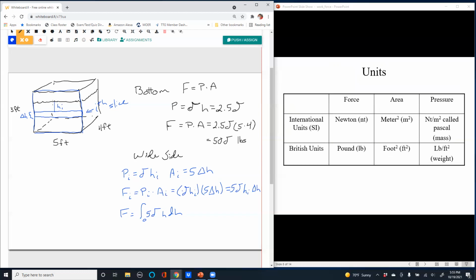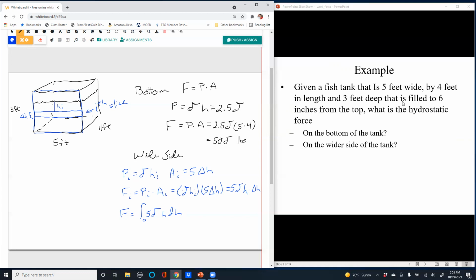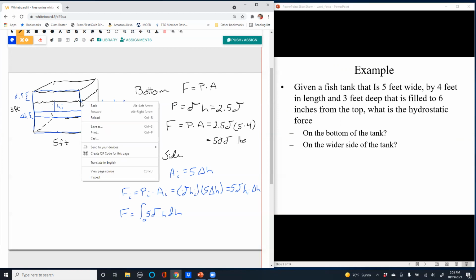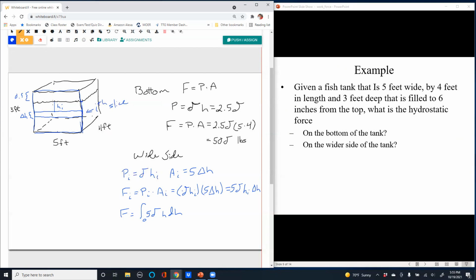So like here, when we were given 6 inches from the top, we're probably better off converting that into feet. So 0.5 feet from the top, which means the depth from the top of the water to the bottom of the tank is 2.5 feet. And those will be our limits, and our force will come out in pounds.